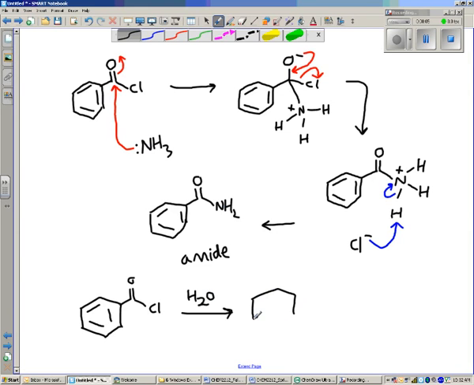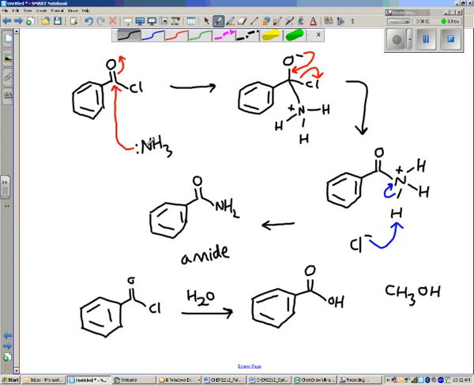So when I draw out this product, I'm going to put the nucleophile where the chloride was, but I'm going to take off one of the hydrogens. It's a nice little shortcut there, so you get a carboxylic acid. Right? The only thing you have to be careful of is if you have a neutral nucleophile that looks like this, CH3OH for example, and you just apply the rule that you did before, you lose one of the hydrogens.